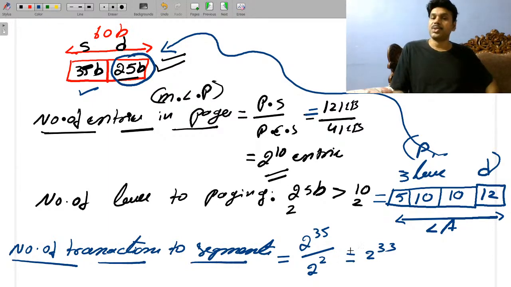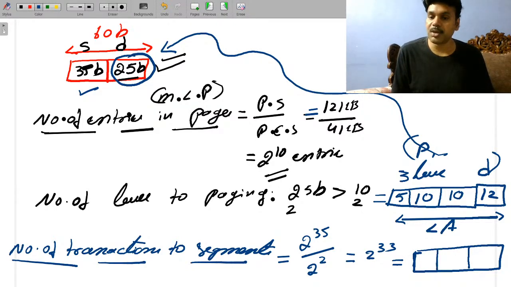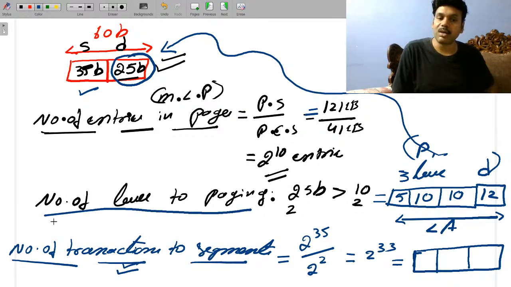You say that your page size is 12, therefore that many entries you can keep in a page. By taking the number of translations you are doing, based on that you can work out how many levels of paging we got.